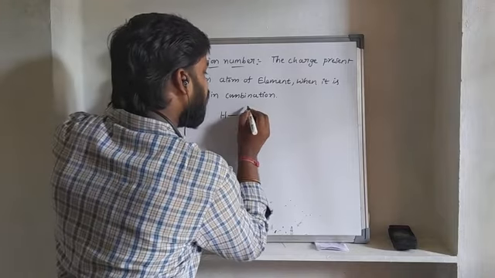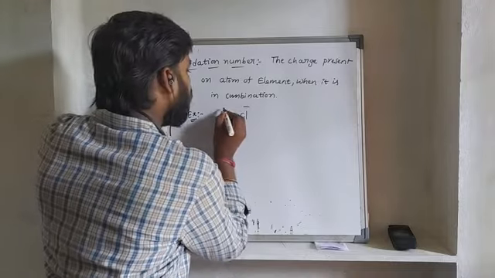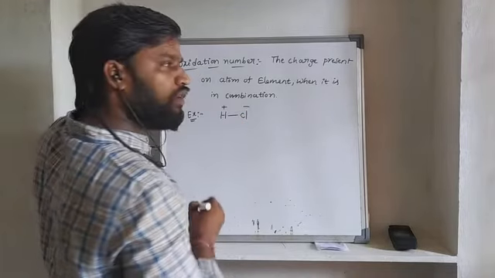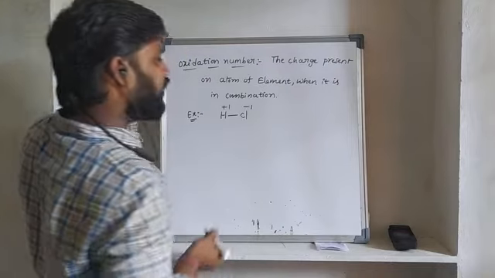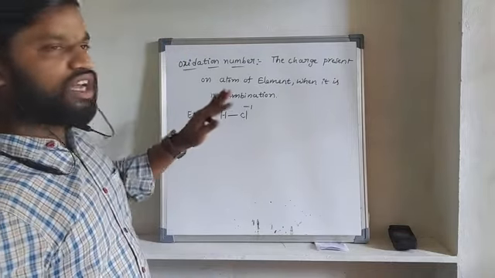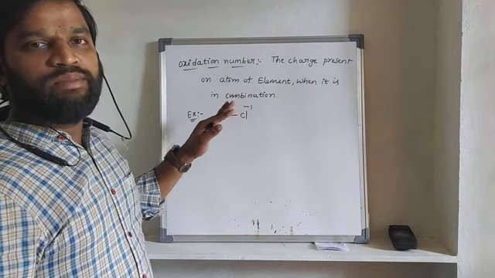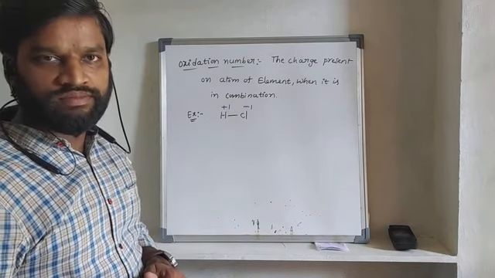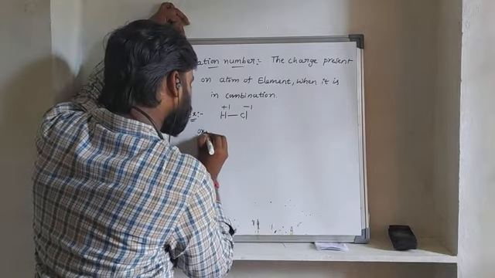That's why negative charge acquires on chlorine, here positive charge acquires on hydrogen. So, -1, +1. So the charges are developed on the atoms of element when those elements are present in the combination.